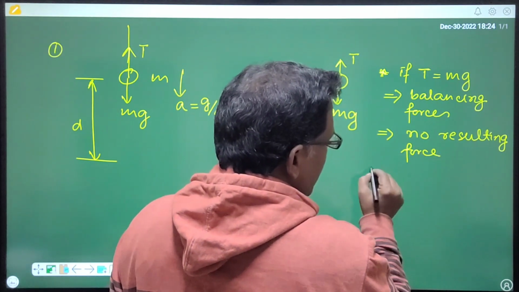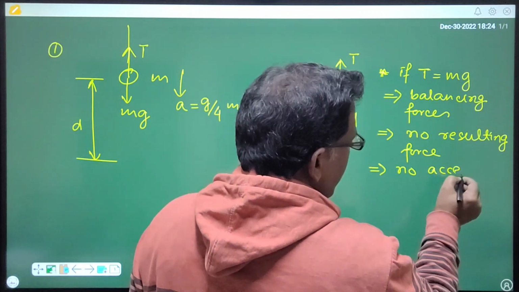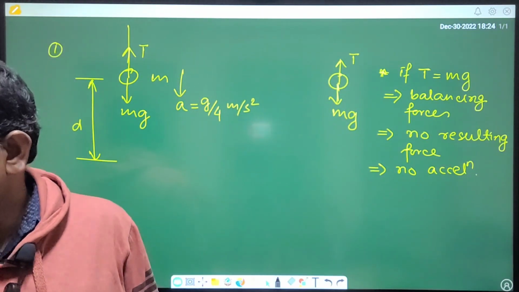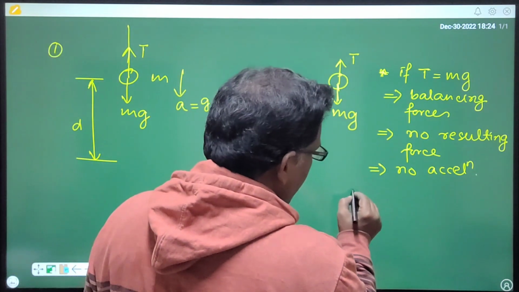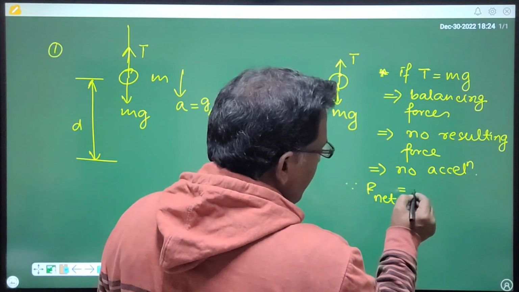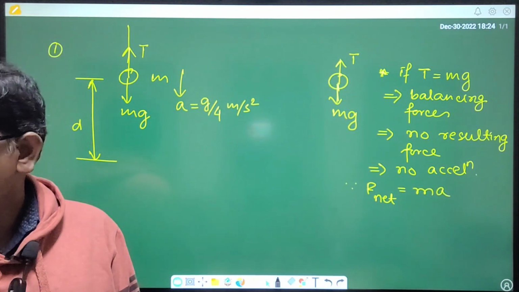If there is no resulting force, that means no acceleration, because we know that net force is equal to m into a. Net force gives us the concept of accelerating motion.